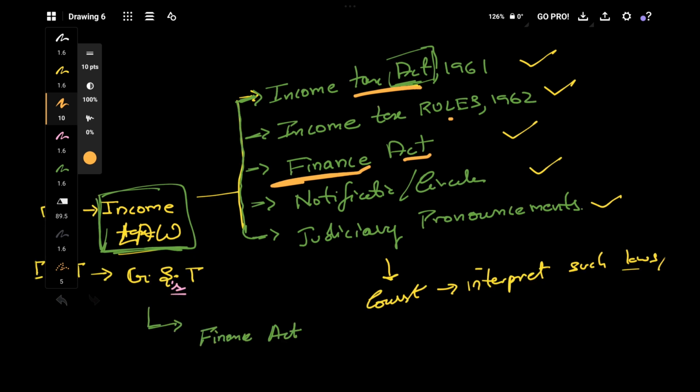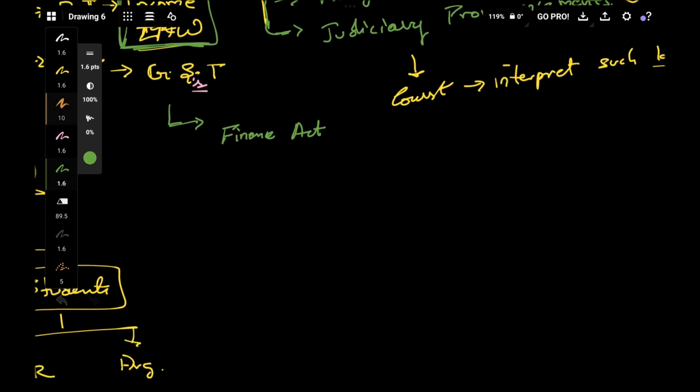In GST, literally 35 acts are there, and we'll also have notifications and circulars.